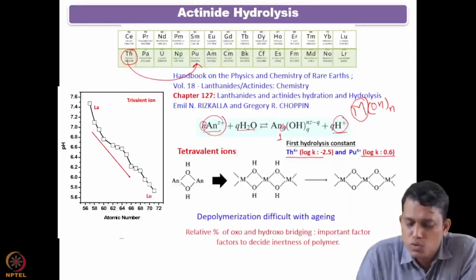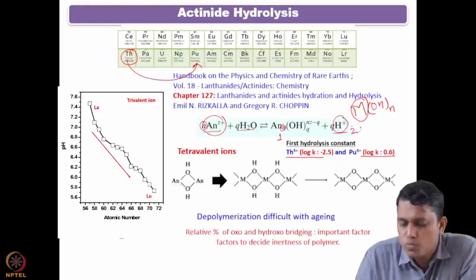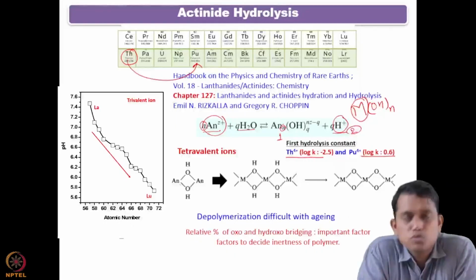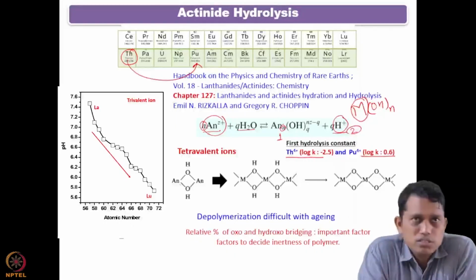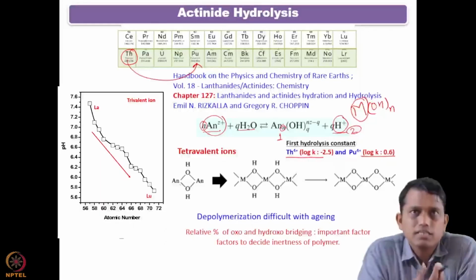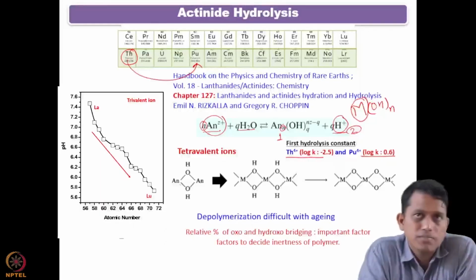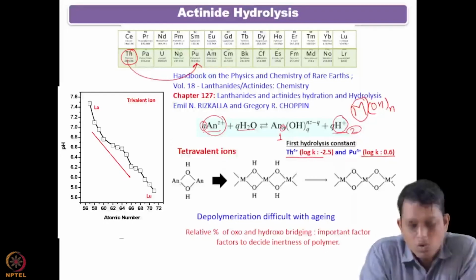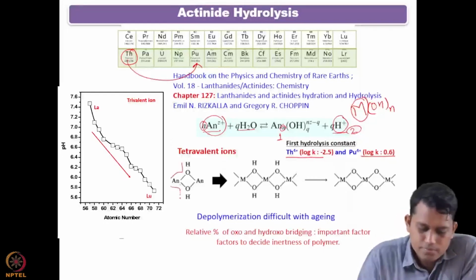The moment this goes to 2 or beyond 2, the hydrolysis is so fast, so rapid, that the number of thorium units that come together is more than 100. The cluster has more than 100 thorium atoms in this hydrolyzed product. So the basic unit of this is this.